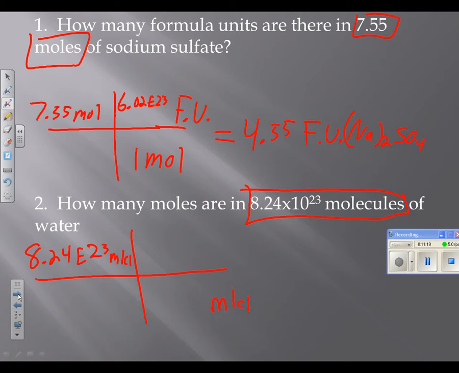And anytime you see the MLCs, you know to put Avogadro's number in. We're going to find out how many moles we have. Moles is always 1 until next unit. Then it's 8.24 E23 times 1 divided by 6.02 E23. That will give you 1.37 moles of water. That's all it is.